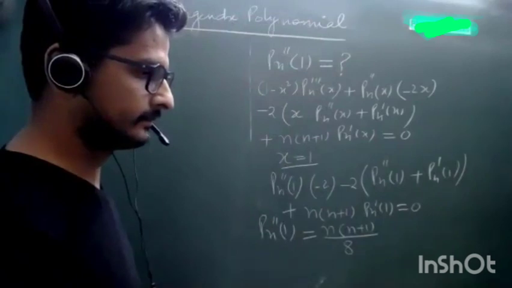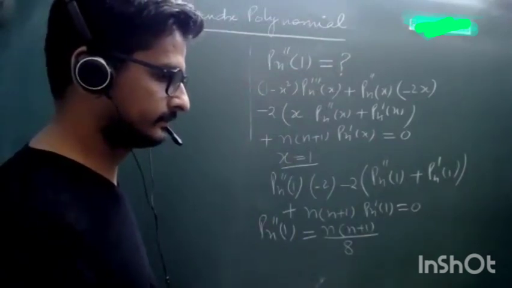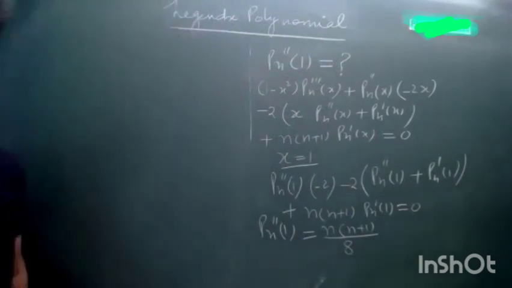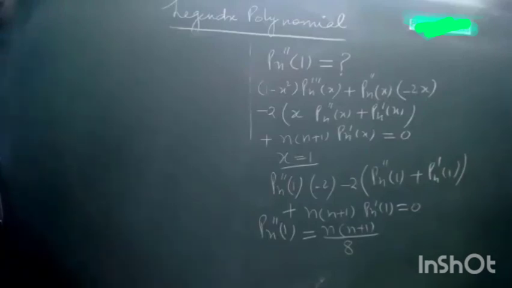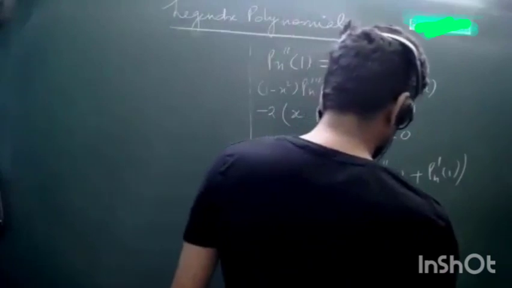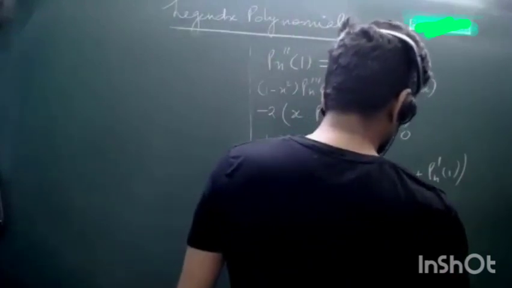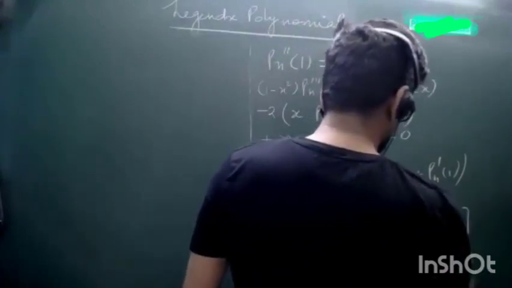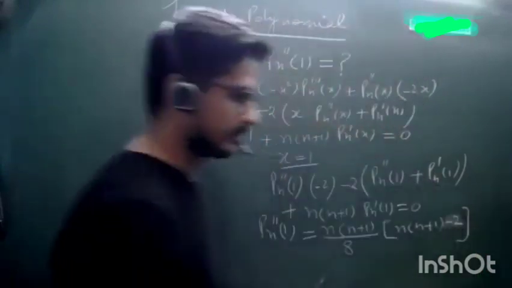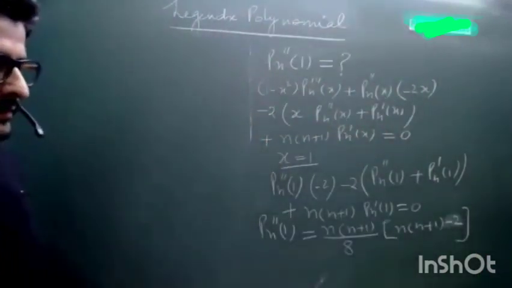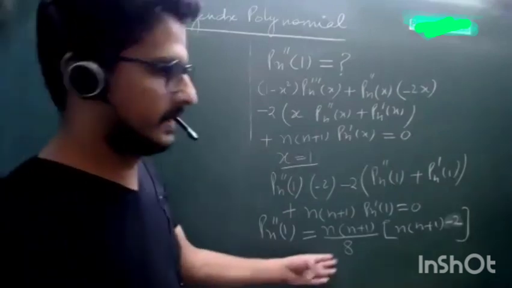So by 8 is coming. n into n plus 1 over 8 and then n plus 1 minus 2, na? Yes, sir. Plus 1 minus 2. So this is Pn double dash 1.